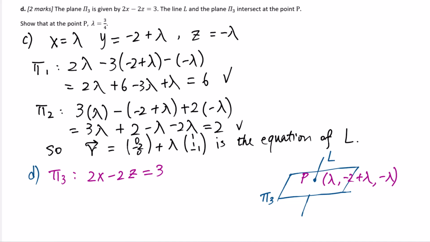Now do the substitution: 2 times lambda minus 2 times negative lambda equals 3. 4 lambda equals 3. So lambda equals 3/4.